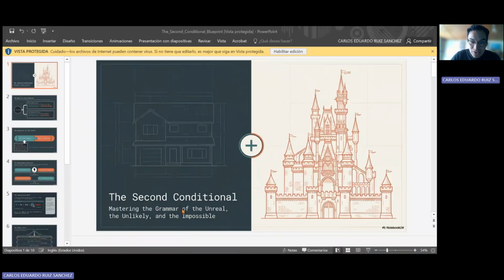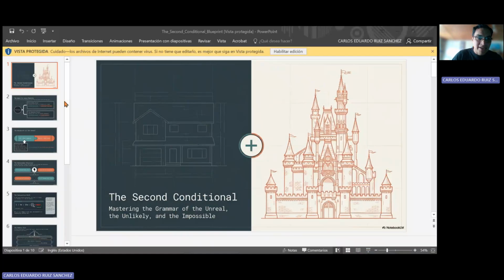If you studied, si tú estudiaste, it's probable that you would pass the exam. Pasarías, si estudiabas, pasarías el examen. So this is the result of the counterintuitive past, probably future. I hope that you understand this part.